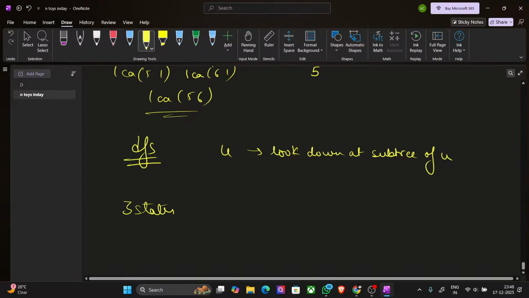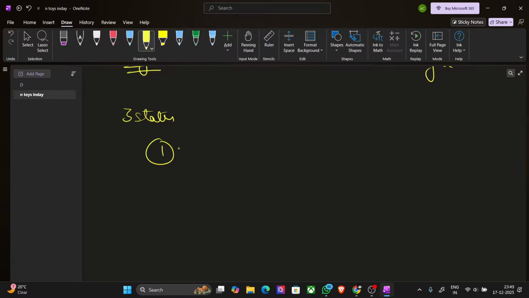Okay. So the first state is we decide to pick U as part of the subset S. Correct.